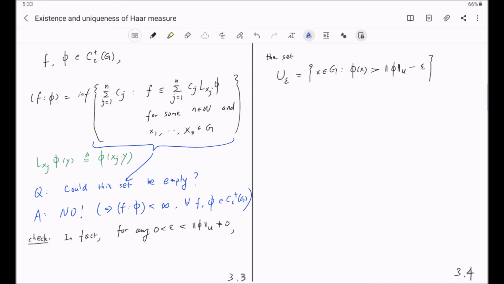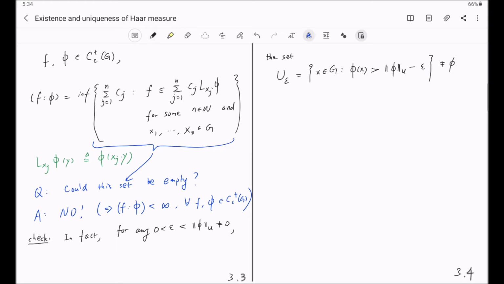Since phi is continuous and compactly supported, the supremum of phi can be reached at a certain point. So, this set must not be empty, because you can always find in a neighborhood of the point where phi attains its supremum, x such that phi of x is greater than that supremum minus some epsilon.